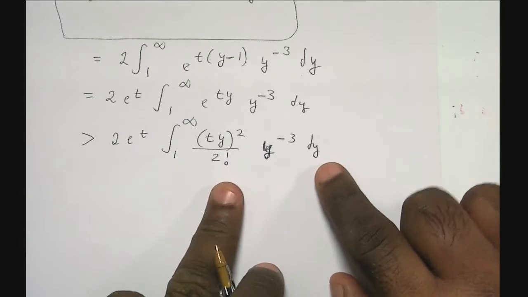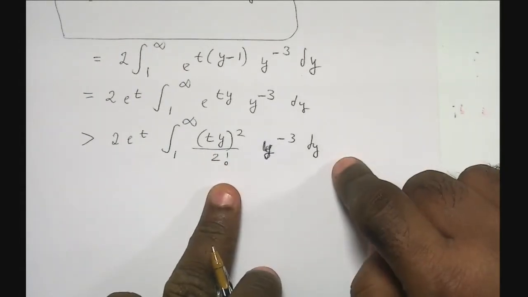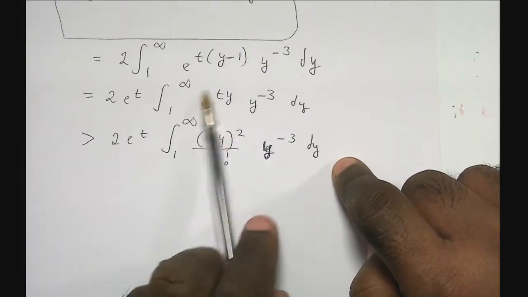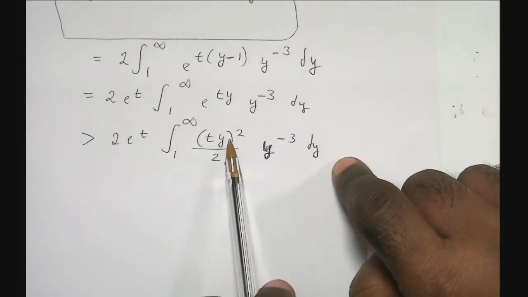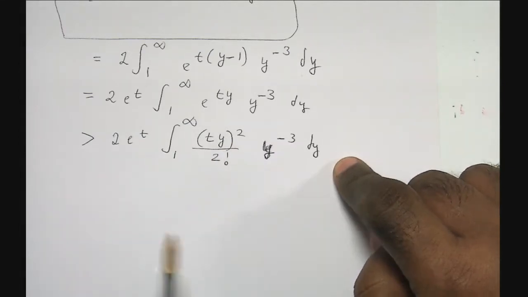From this to this, I have taken k to be equal to 2, right? So this guy is greater than this. Can you see or not? Yeah, okay.